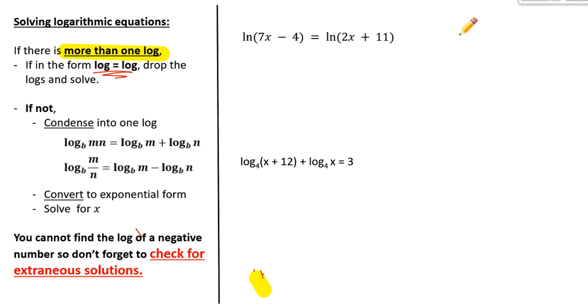It's going to be log equals log, or ln equals ln, in which case you would just drop the logs and solve. If it's not in that form, then you've got to try condensing those logs together into a single log using these properties. You're going to squish them down, because at that point you should have a log equals a log, which you can convert to exponential form and then solve the remaining equation.